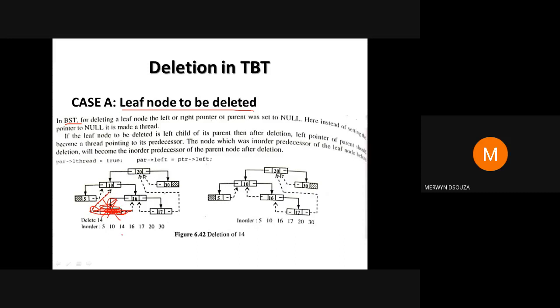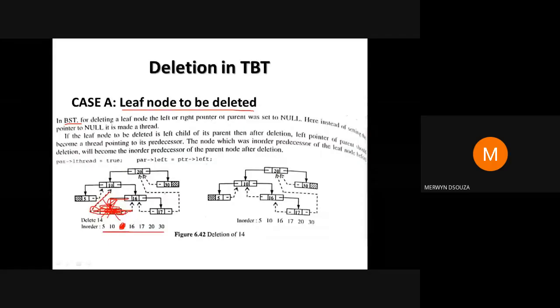Okay, once you have deleted, since you are deleting 14, this part is gone. Once you get the in order traversal after deleting 14, 14 was the left child of 16, but now since 14 has got deleted, this solid arrow will not remain.